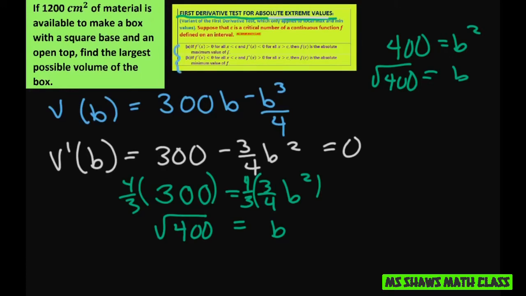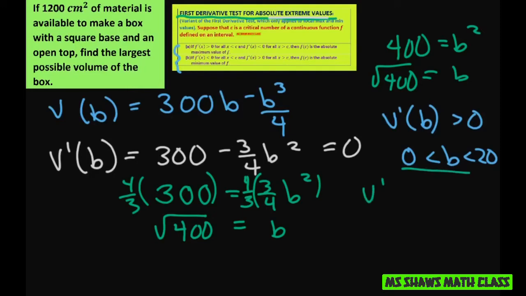So basically, the derivative of V of B is positive for B in the interval from 0 to 20, and it's negative when B is greater than 20.